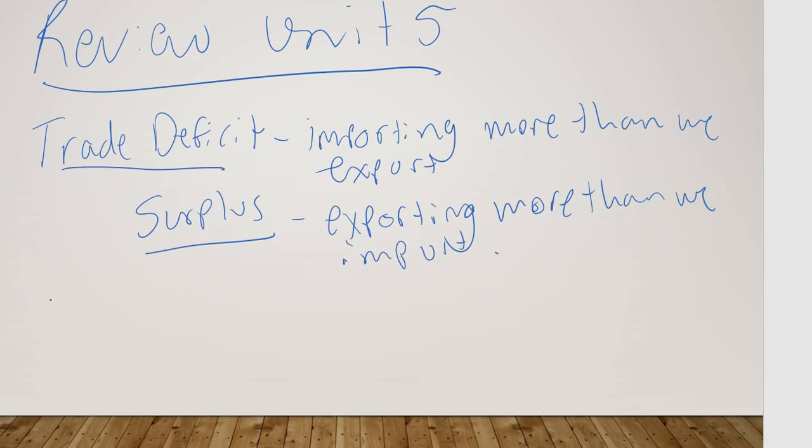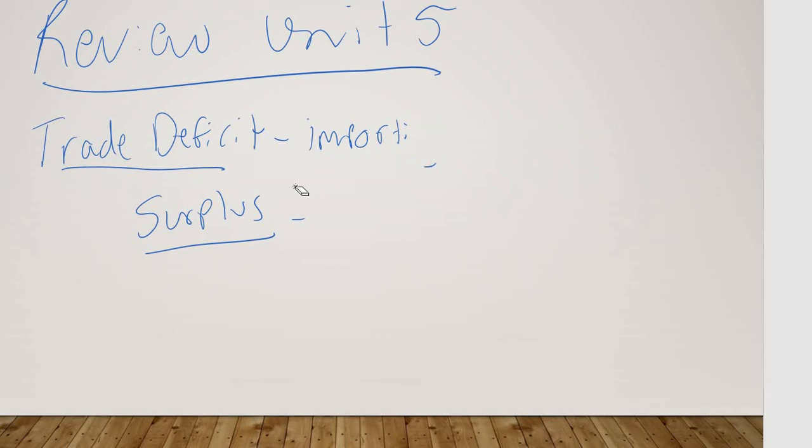Remember, anything that deals with the current account deals with goods and services. Anything that's on the financial account is financial products moving in and out of the economy. Financial products include things like stocks, bonds, money itself, all right, any of that stuff.